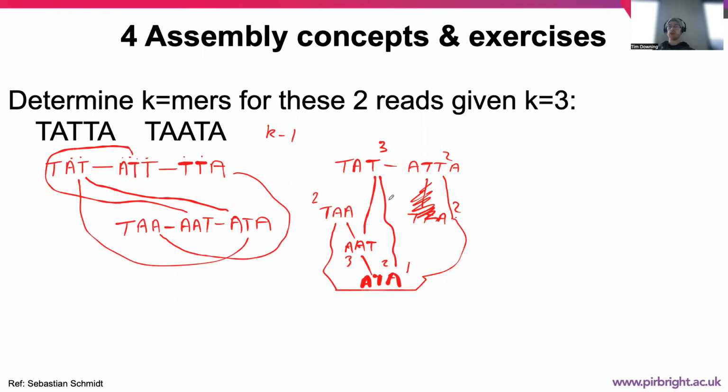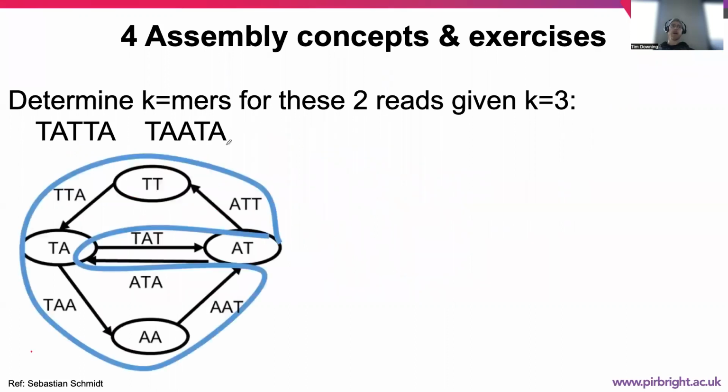If we look at more examples, and this is taken from Sebastian Smith's slides, if we look at another way of representing this, we have TAT here starting off here, and that connects with an AT to ATT, which is the first one here, but also by an AT sequence to TTA, which is here, which is the TA at the start.